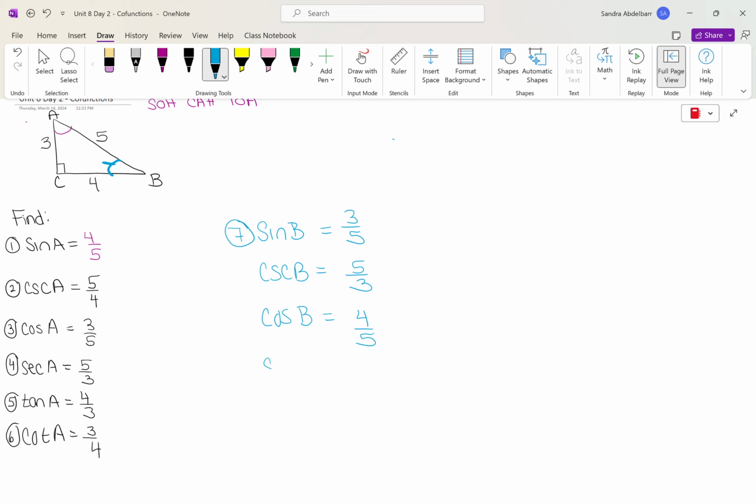Maya, what's the secant of B? 5/4. Yep. Gianna, what is the tangent of B? Yep. And Soph, what is the cotangent of B?